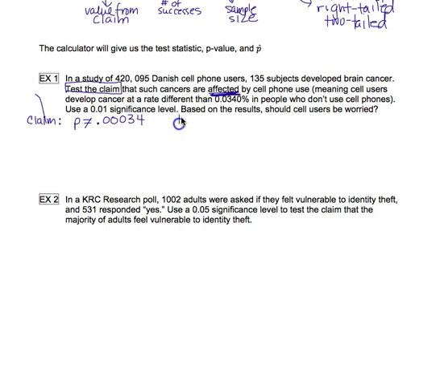So remember that our null hypothesis always has an equal sign. So our null is going to be the equal to version of that, which obviously means that our alternative hypothesis, our H sub 1, is going to be the same as the claim.